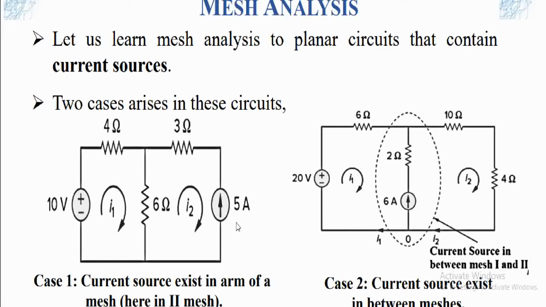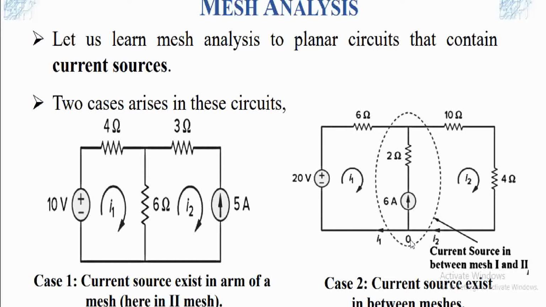But in this circuit, there is a current source in a branch which is common to two meshes. So we are going to see the analysis of a mesh if it contains a current source in an uncommon branch, and a current source in a common branch.